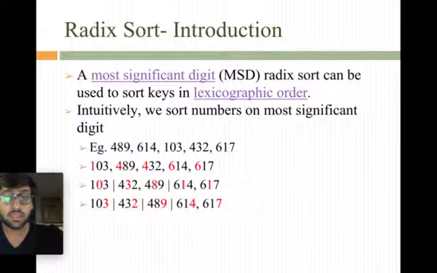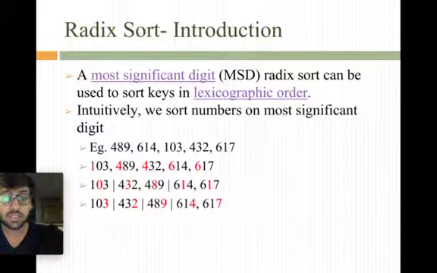We'll be coming to the lexicographic order a little later, but for now, let's see the example of most significant digit radix sort. Suppose we have the numbers 489, 614, 103, 432, and 617. I take the most significant digit of the numbers, that is the leftmost digit, and I compare them, and the digits are 1, 4, 4, 6, and 7.